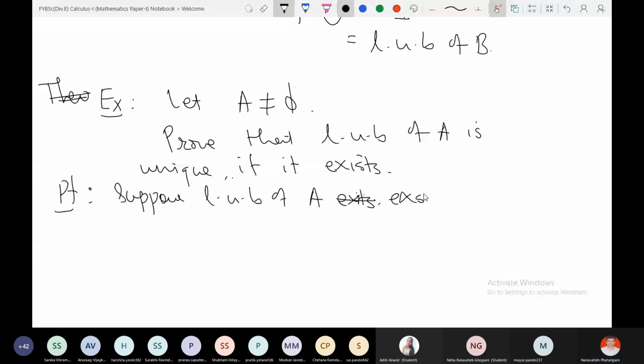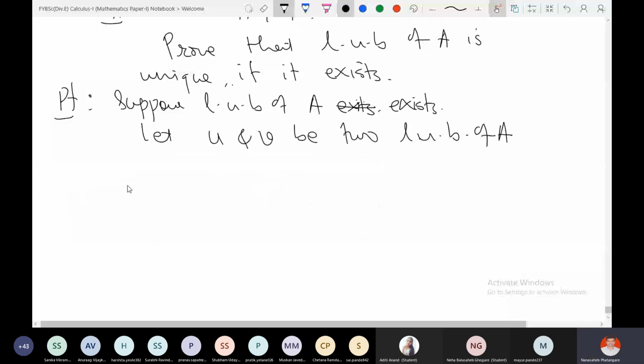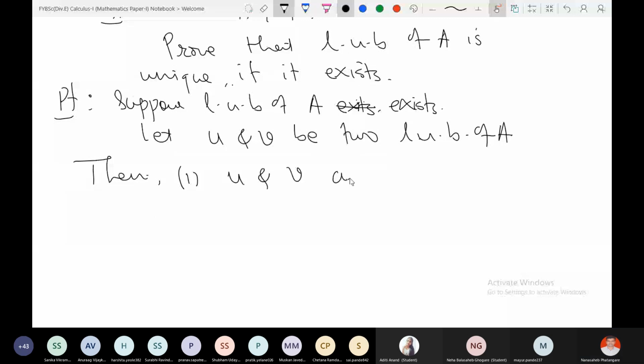Let U and V be two least upper bounds of A. Then what is the first observation? U and V are upper bounds of A, right?